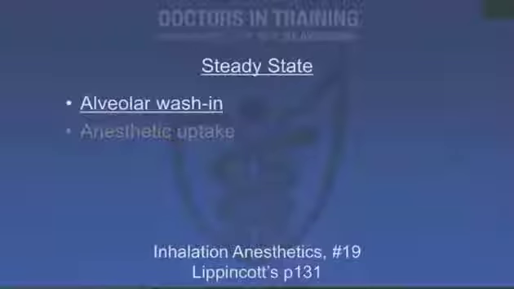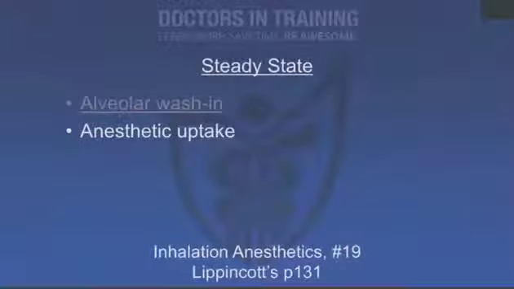So how do you reach that steady state? Let me tell you. First is alveolar wash-in. So basically, you have normal air in your lungs. You're replacing that with the air with the inhaled anesthetic. It's determined by respiratory rate and concentration of the drug. So it's basically how fast and how much is getting bagged into the patient. Next is anesthesia uptake. So you've gotten it into the lungs, now you've got to take it into your body.